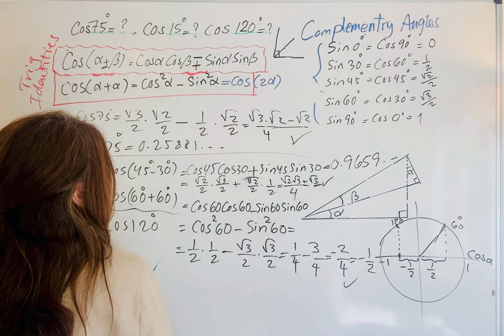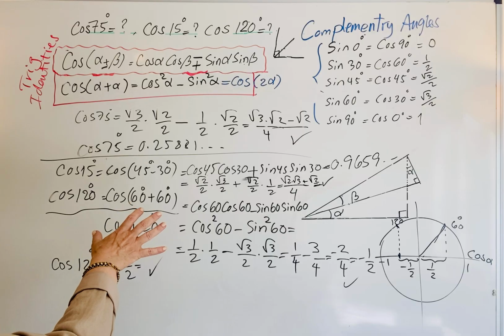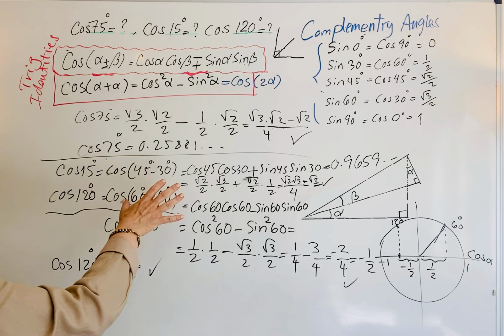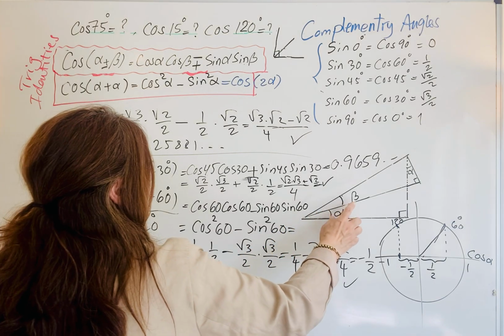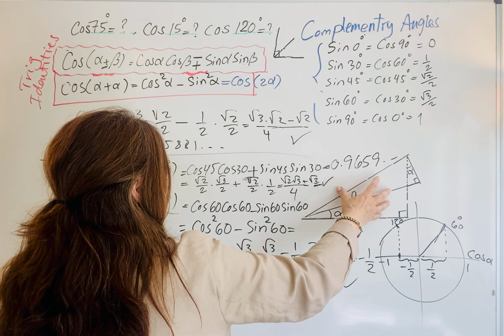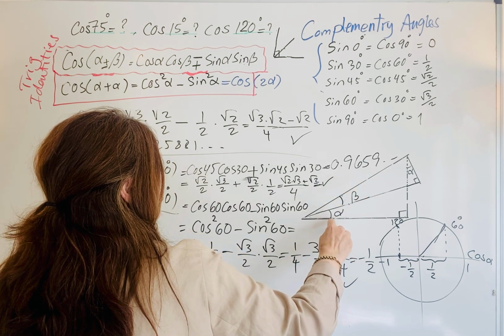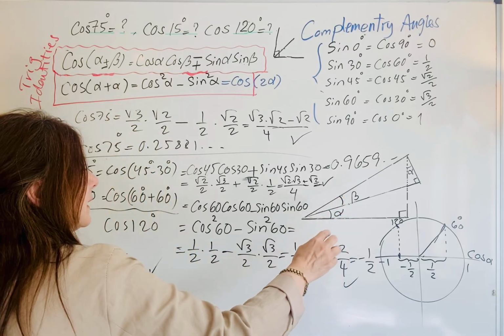Good. Hope you like this kind of calculation about trig identities, and please go and find the algebraic and geometric form for finding cosine of alpha plus beta.